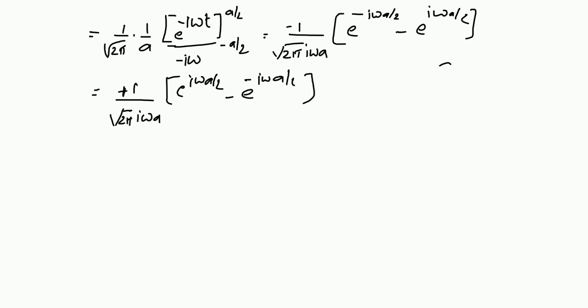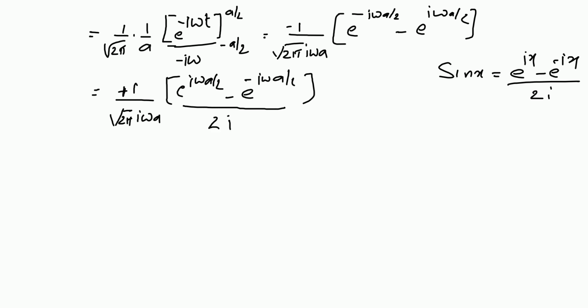Now we know sin x is equal to e raised to ix minus e raised to minus ix divided by 2i. We are not having that 2i here, so in order not to change anything else, you multiply by 2i on the numerator. Now what's inside that bracket is equal to sin x.